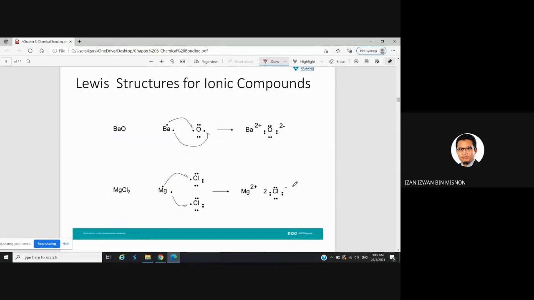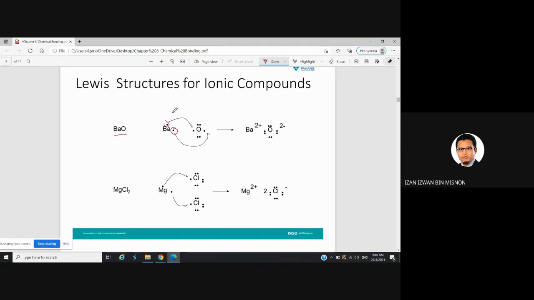Okay. So we have another example, barium oxide. Barium has 2 electrons on the valence shell, and oxygen has 6 electrons on the valence shell. So each electron in barium will be donated to oxygen.